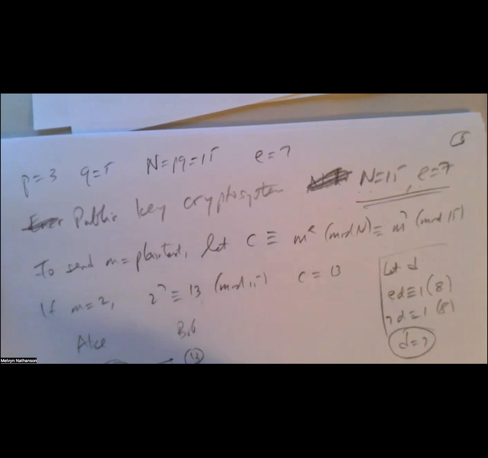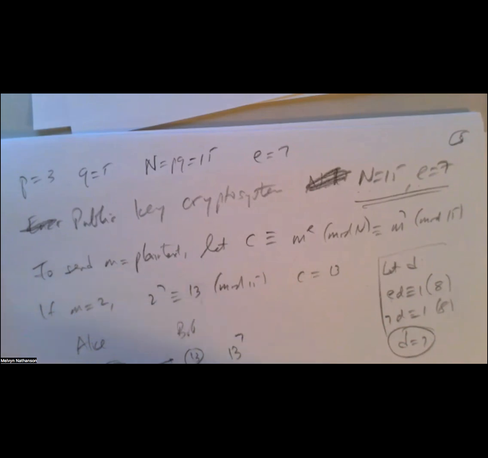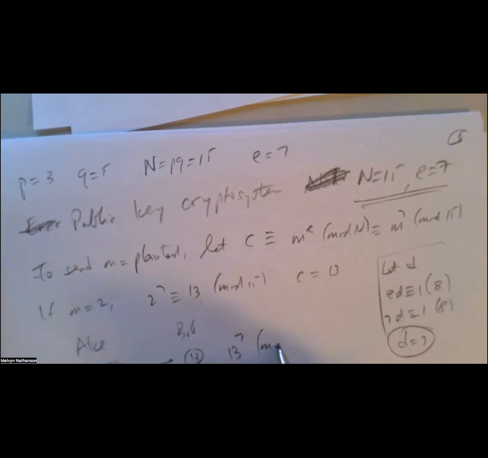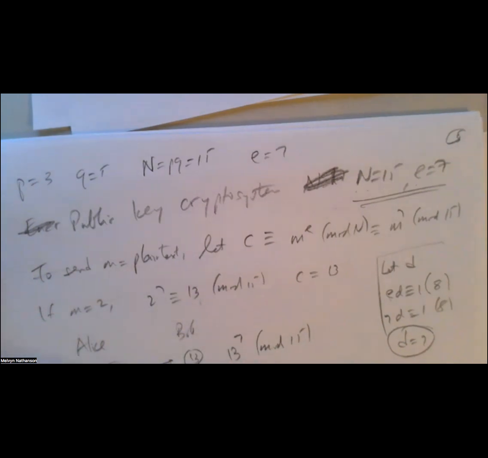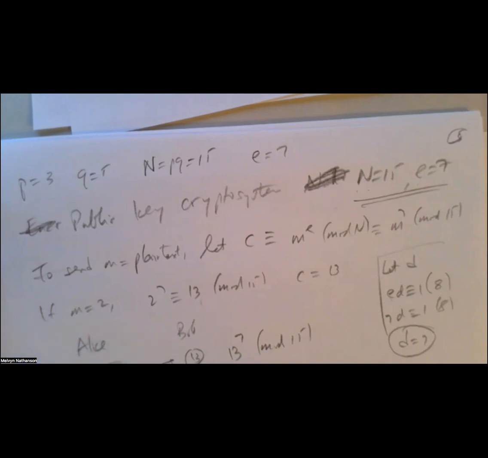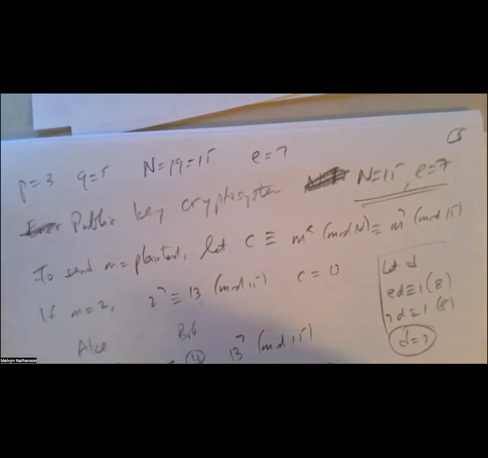So Bob can take 13 and try to compute what is 13 to the 7th mod 15. Let's see, let's do that. So 13 to the 7th is minus 2 to the 7th, is minus 128. This is all mod 15.